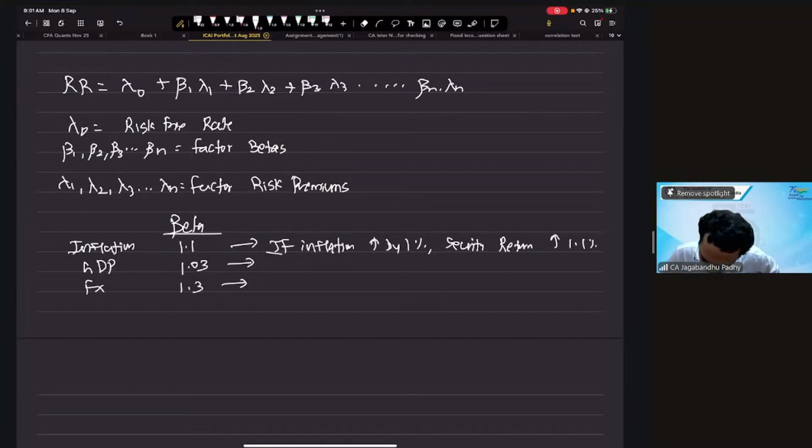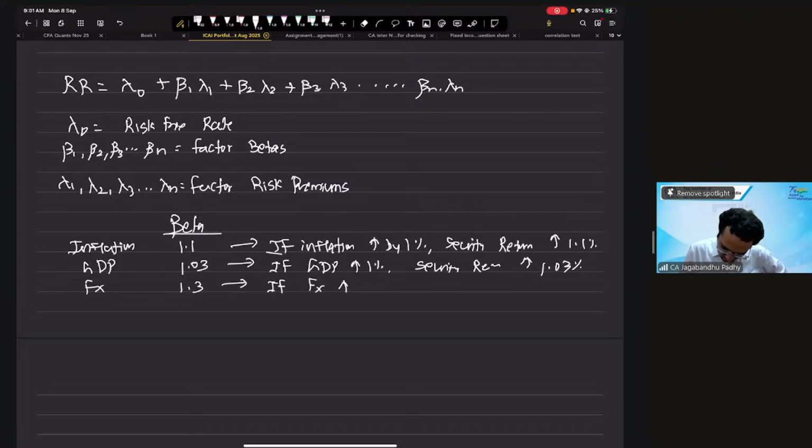1.1%. Perfect. Same way, in the second case, if GDP increases by 1%, security return will increase by 1.03%. Then, if the forex rate increases by 1%, security return will increase by 1.3%, right?